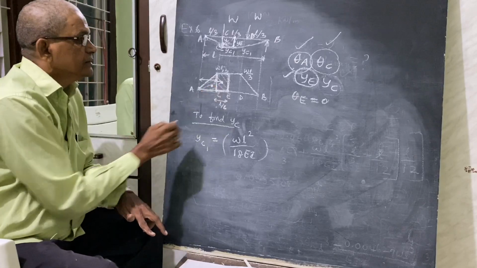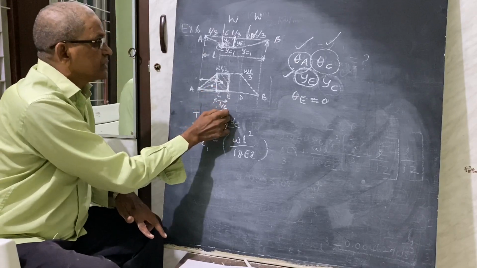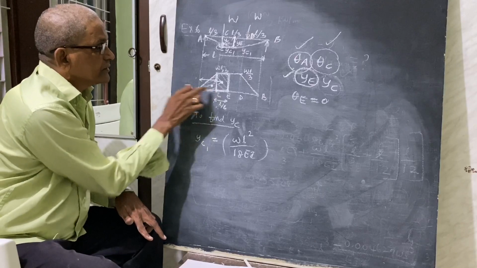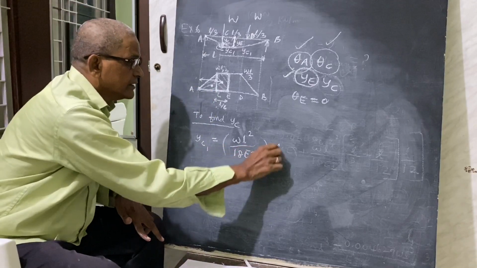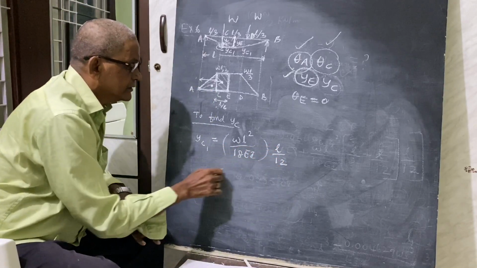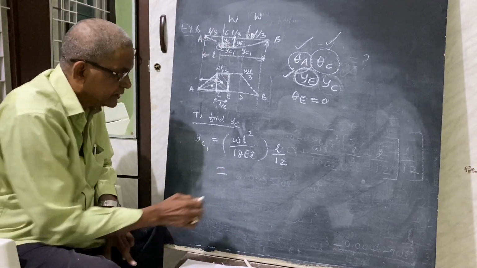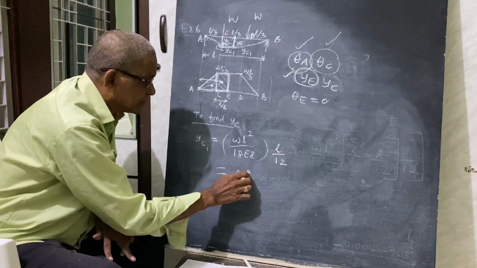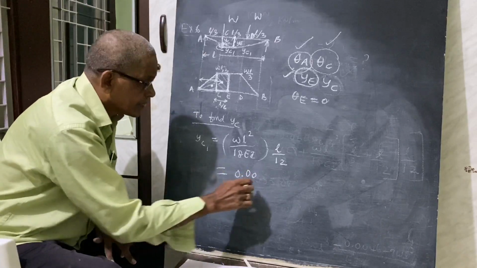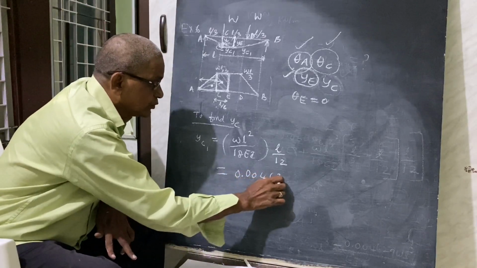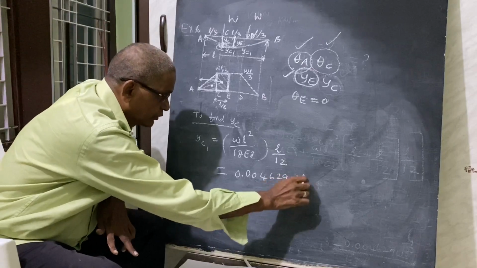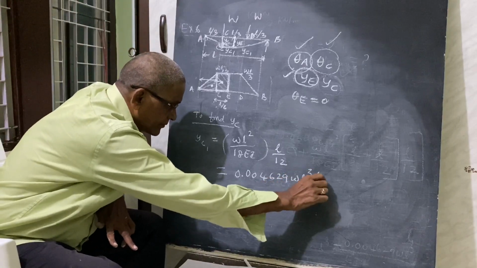From here to here is L by 6. From here to here is half of that, which is L by 12. So that will come to be 0.004629 WL cube by EI.